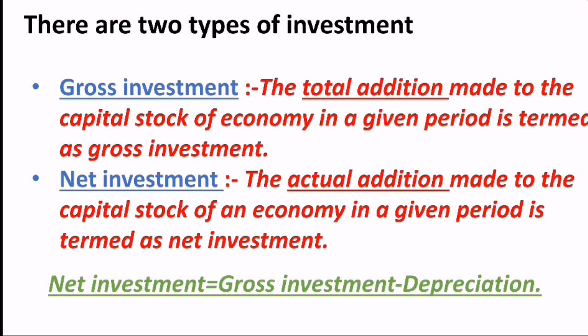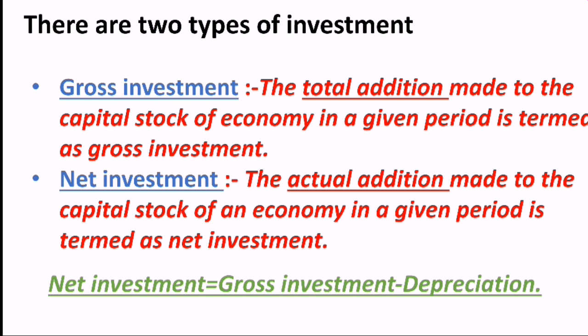So gross investment is the total addition made to the capital stock of the economy in a given period of time, right? And net investment is the actual addition, that is, I am removing the value of those depreciated machines which are not working properly. I am only including the value of those new machines which are in proper condition to work. So that would be net investment.